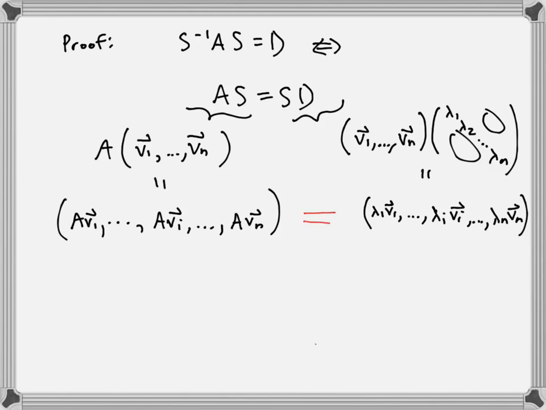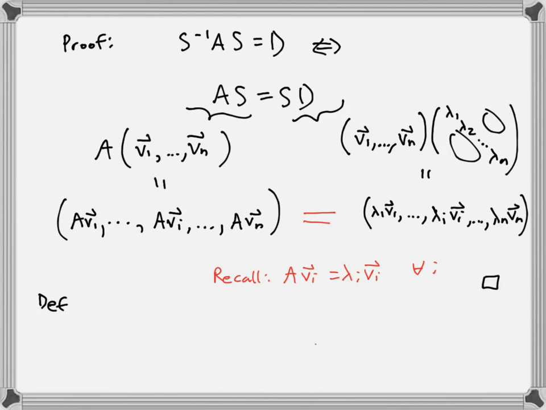Why? Because, recall, this is what it means to be an eigenvector, right? Isn't A times Vi equal to lambda i Vi for all i? Okay, so the left and right are clearly the same. Okay. So this leads us to a definition. Oh, that's the end of the proof.